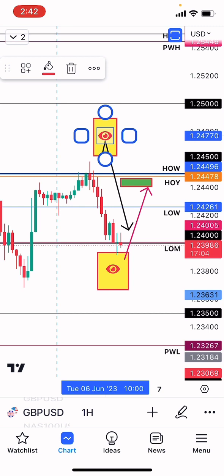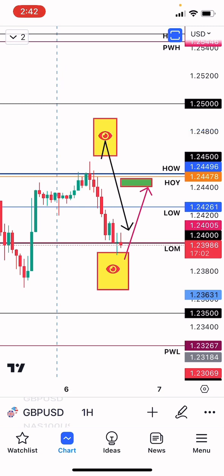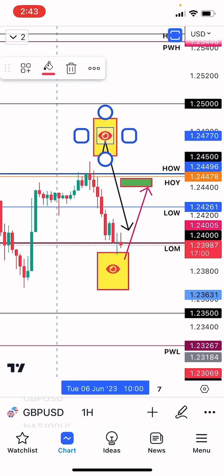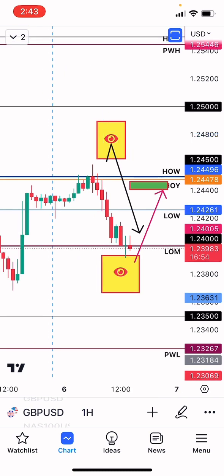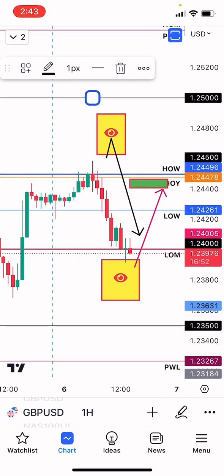I missed this drop earlier this morning. I was waiting for price to test this area before I take a sell trade, but price failed to get to the area. That was how I missed this trade. So let me take it off.